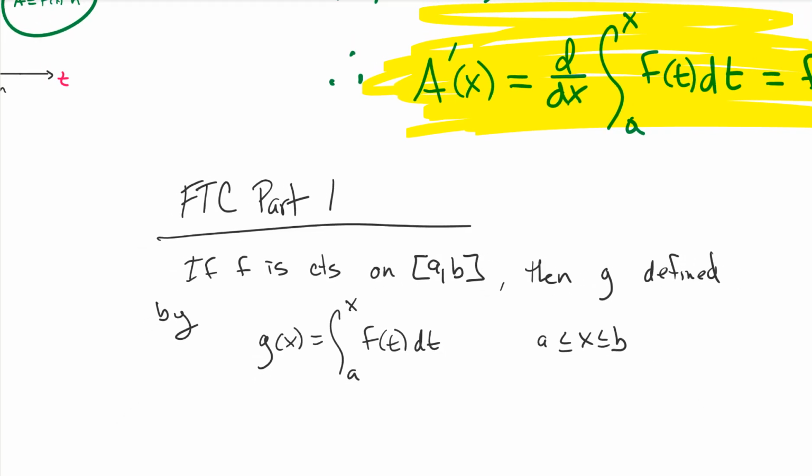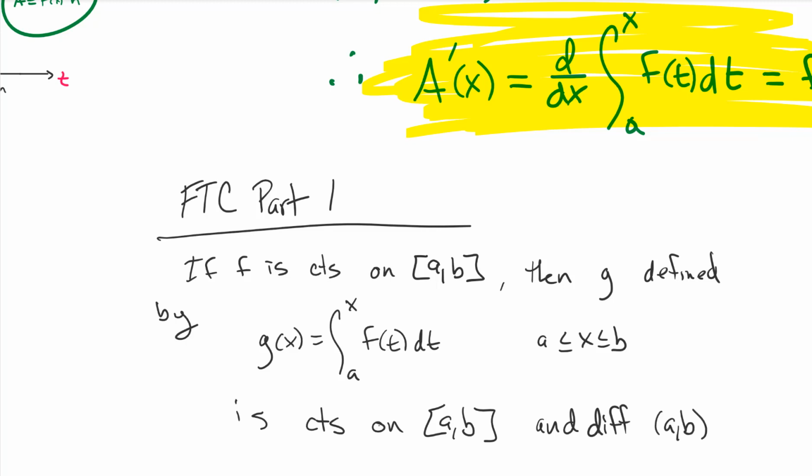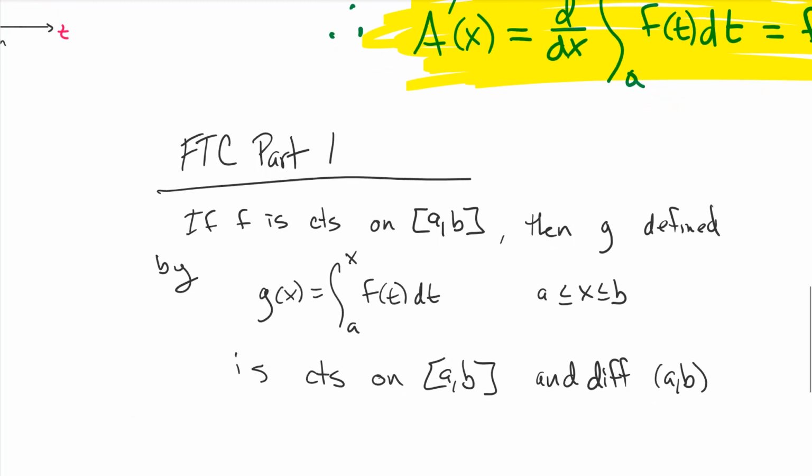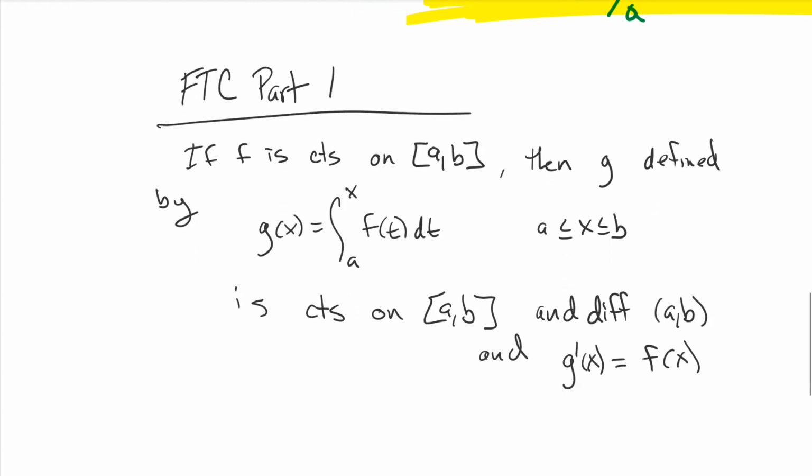And we'll say g is continuous on the closed interval. So it's defined by that, and it's continuous and differentiable on the open interval, and g prime of x is equal to f of x. That's what your textbook tells you.